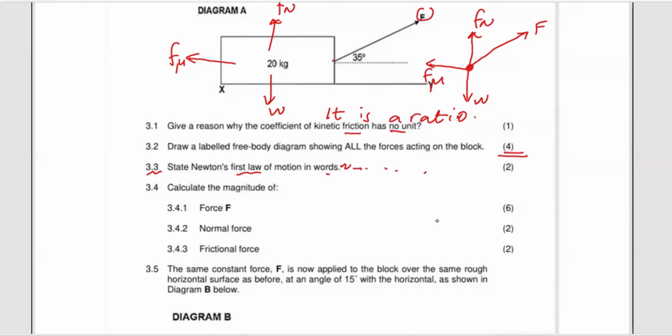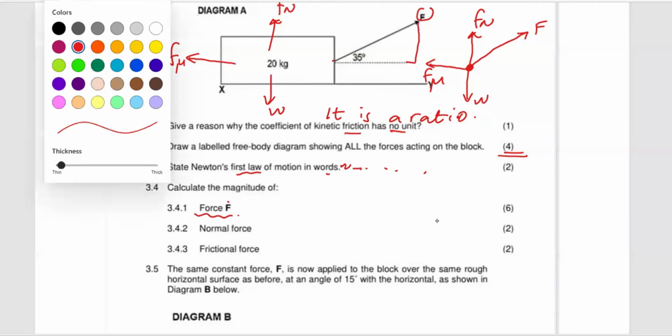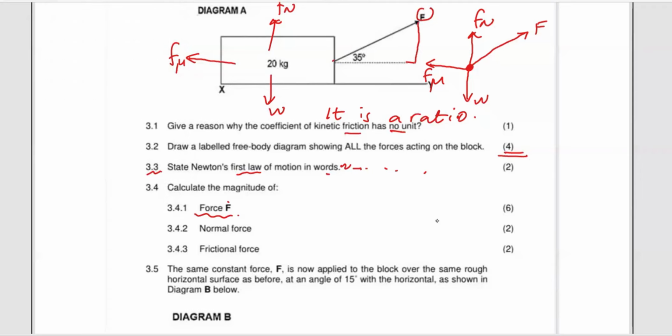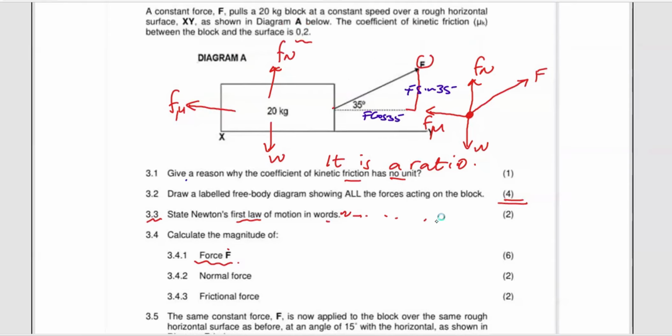Then 3.4, they want us to get the magnitude of F, force F. So when we look at this F, there are 2 components for F. We have the horizontal component, but we also have the vertical component. So this is going to be F sine of 35. We're going to have F cos of 35. So which one do you think we can use?